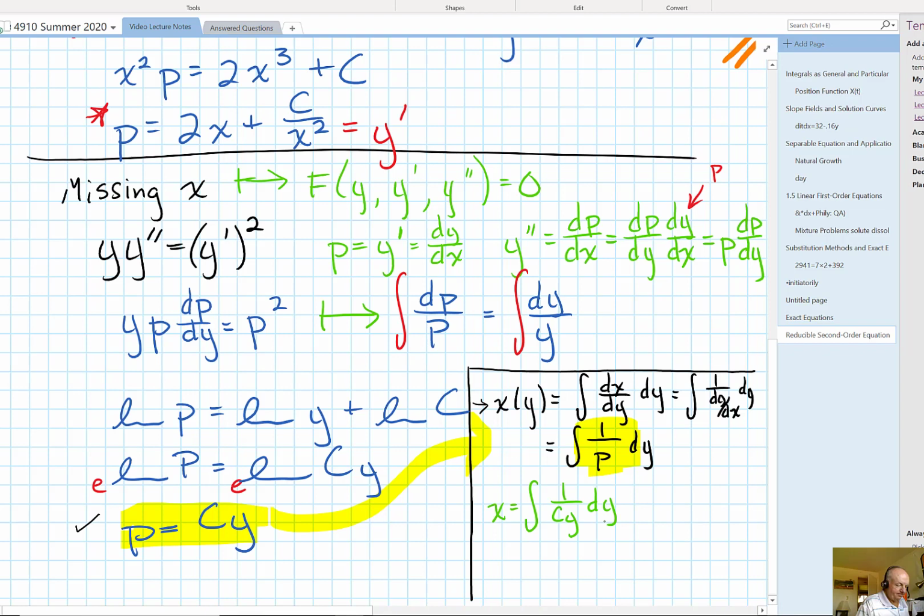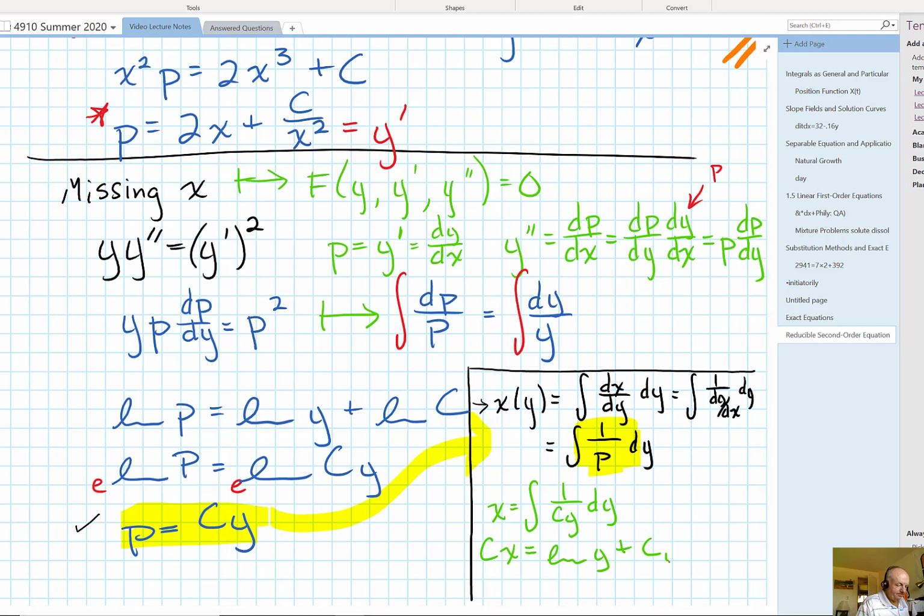We can move that c up to be with the x, and then that becomes ln of y plus c. Now this is a new c because the original c was already part of the whole expression.